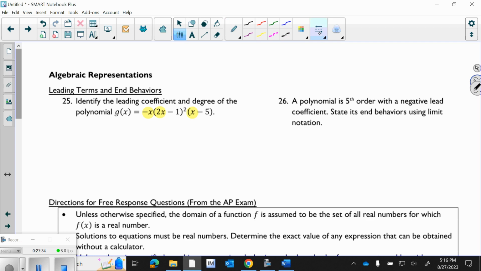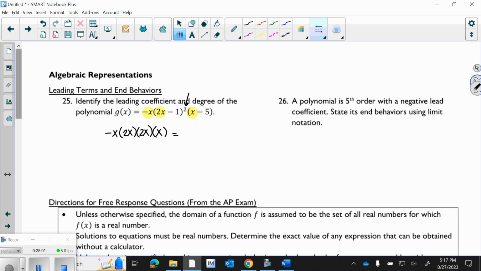I do have to pay attention to the fact that this middle one is raised to the second power. So when I multiply it out, I'm going to take negative x, I'll multiply it times 2x twice, and then I'll multiply that times x. And when I do that, it actually will give me the lead term in my polynomial g of x.